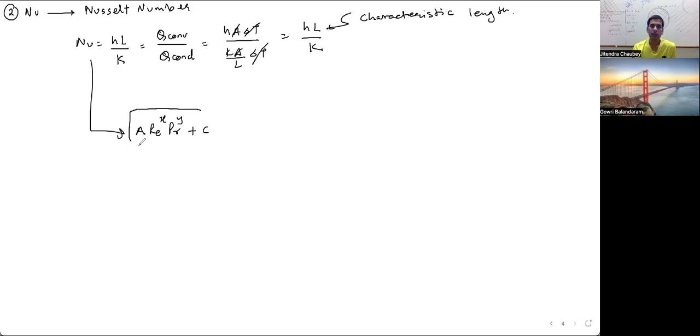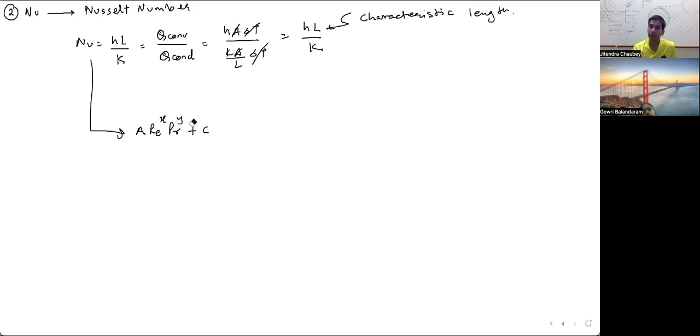This formula will be given to us empirically for a range of Reynolds number, depending upon the type of flow. If the flow is laminar and has some range of Reynolds number, then they will give you another equation. It is not practical to remember all the types of equations; there are hundreds which are not easy to learn by heart. So they will always give us the equation depending upon the type of flow and the Reynolds number.